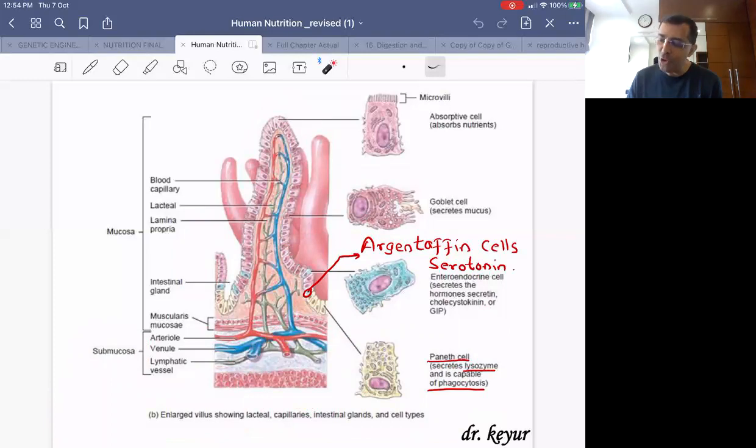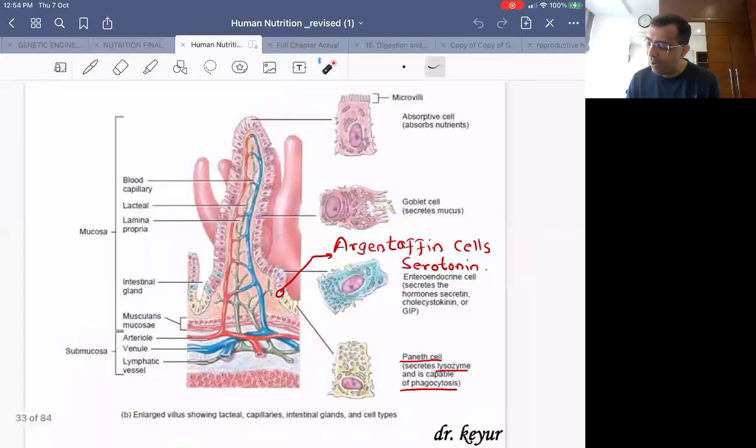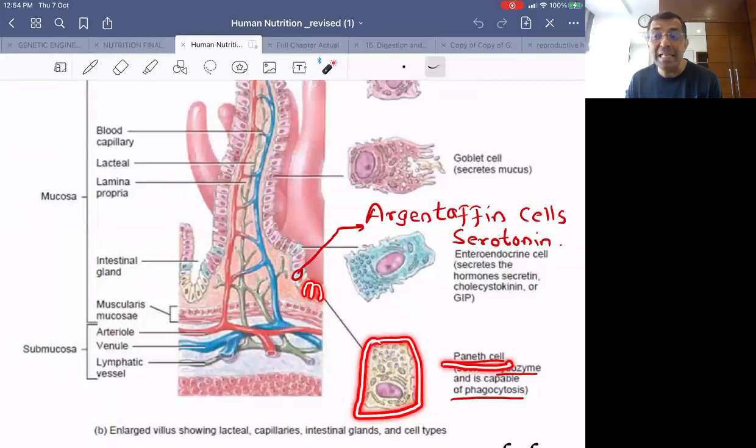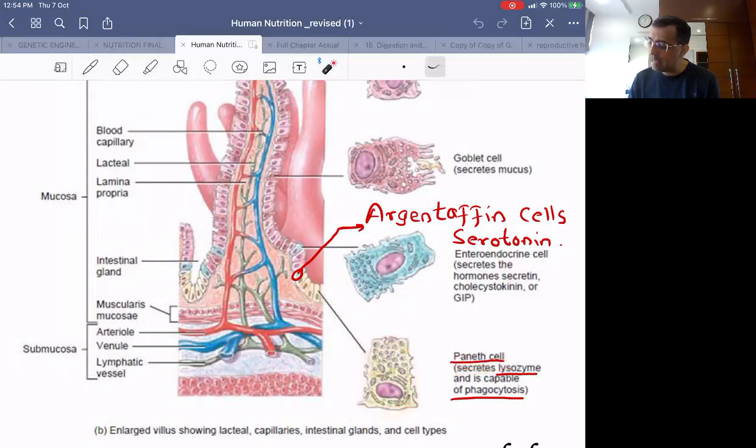Now, as given in your books, you may remember at the base of each crypt are found specialized cells called Paneth cells. These Paneth cells secrete lysozymes. You have heard that lysozymes were given out by saliva, and they are antibacterial in nature.